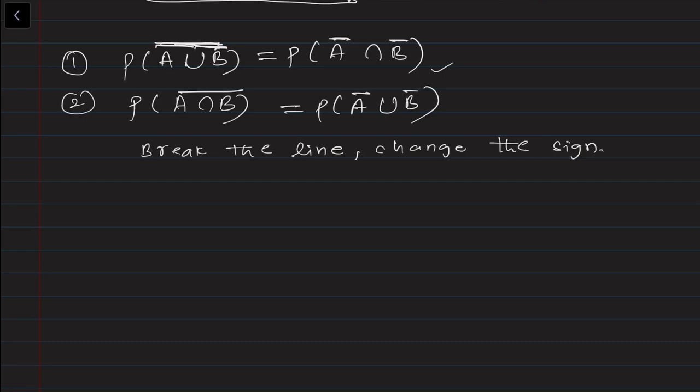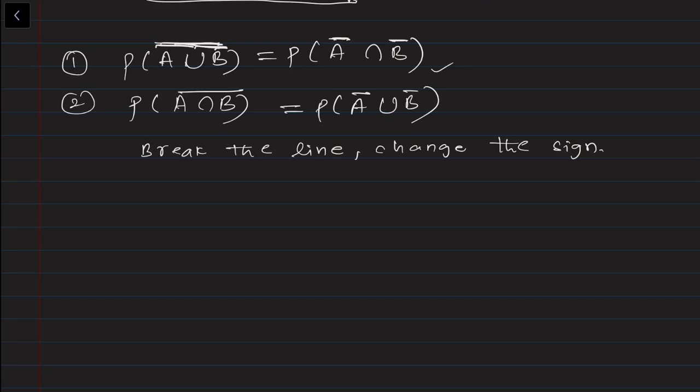Similarly, in the second formula, the longer line is broken, and then intersection is changed into union. So this is how you can remember. This is basically a trick, so you can remember these two laws. You can frequently use these to calculate the probability.